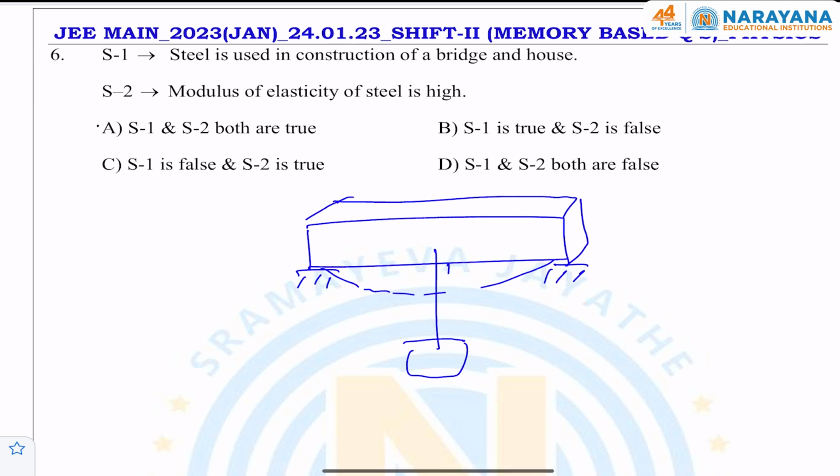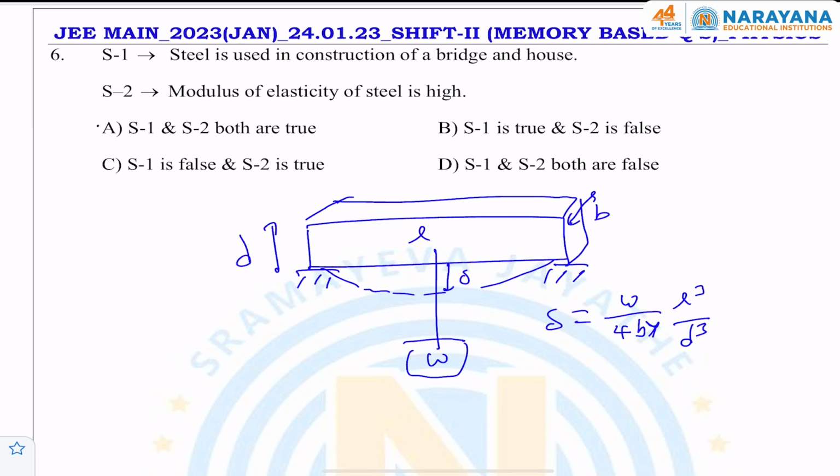The depression delta is equal to W by 4BY into L cube by D cube, where L is length of beam, D is this vertical dimension, B is this, W is the weight suspended, Y is its Young's modulus. So more is the Young's modulus, depression is less. Usually Young's modulus of steel is higher than other metals, so steel is used for that. So here both the statements are correct. We can go for option A.